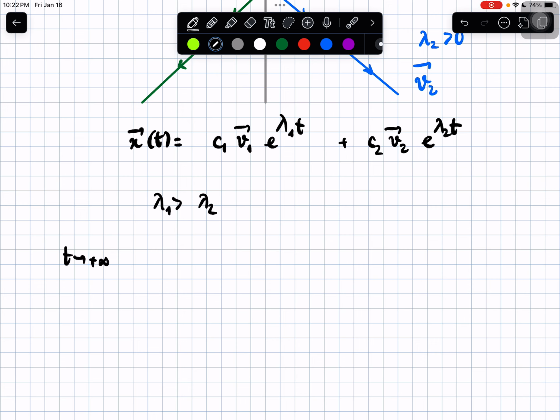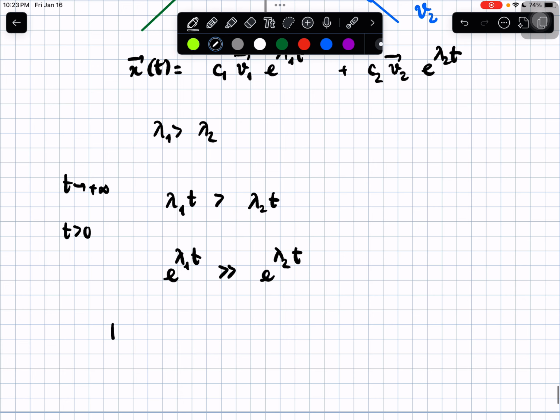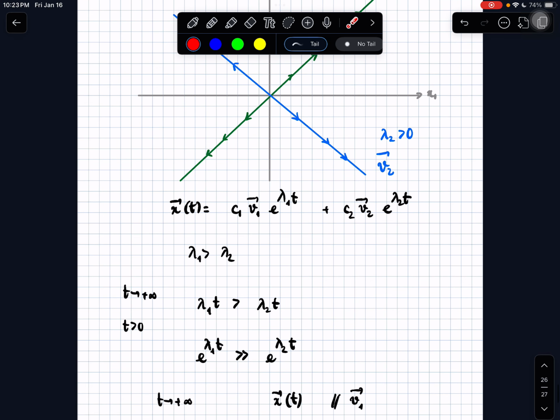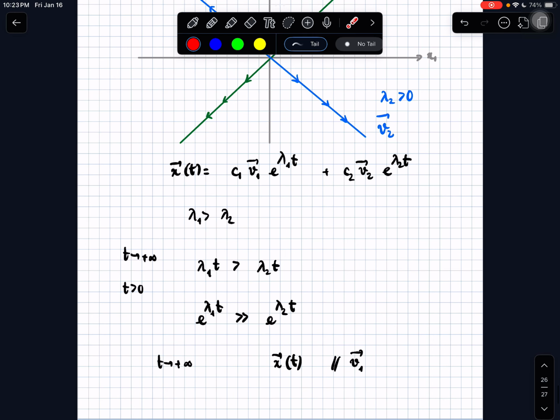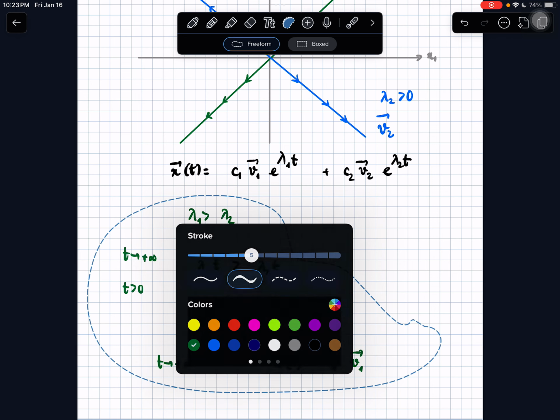In particular, t is positive, lambda 1 t is bigger than lambda 2 t, and in this case the exponential is much bigger than the exponential of lambda 2 t. This one dominates. When t tends to plus infinity, the solution follows v1, parallel to v1, so parallel to the green one.